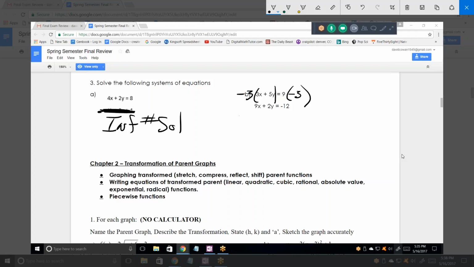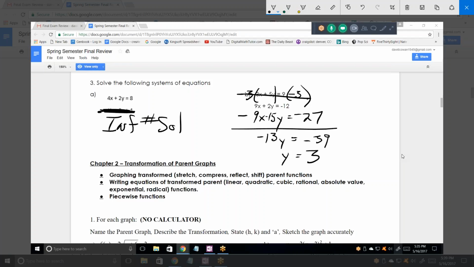So that gives me minus 9x minus 15y equals minus 27. That's my new equation 1. Now what? You add them together. Okay. So I get minus 13y equals minus 39. Y equals 3.